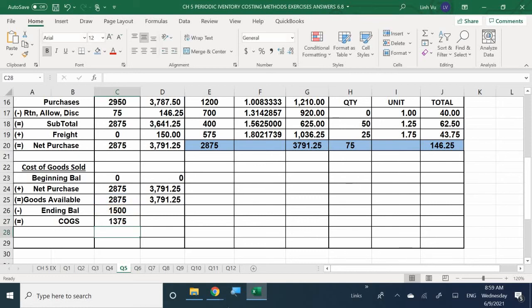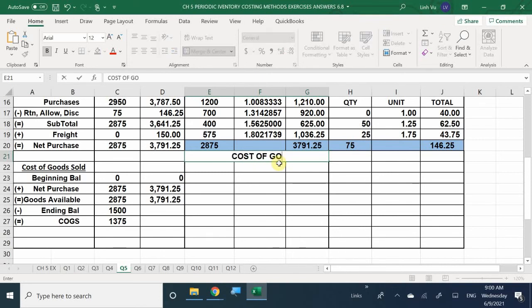$13.75. $13.75, all right? And now I'm going to build my table right here to do my cost of goods sold. I'm going to title this cost of goods sold.